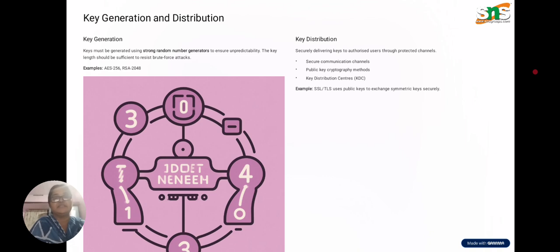Next is key distribution. After generating, the keys must be securely sent to the users, and this can be done only by using secure channels, public key cryptography, key distribution centers, etc. For example, we can use SSL and TLS, using the public keys to exchange the symmetric keys securely.